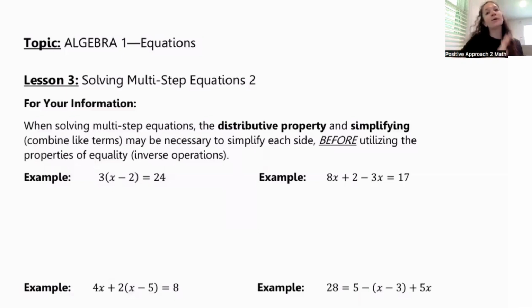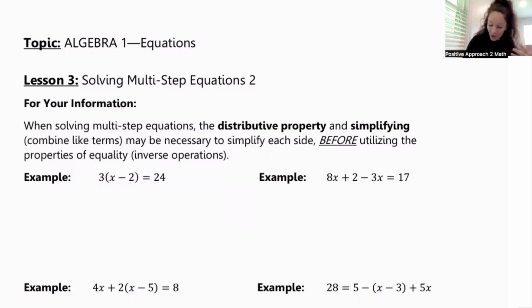Just like we put it all together in our algebraic expressions topic, we taught you how to distribute and then combine like terms. And the reason why we did that was for right here, because sometimes you're going to have parentheses in your equation, which is going to require you to distribute. But sometimes you're also going to have like terms after those parentheses, so you need to combine like terms.